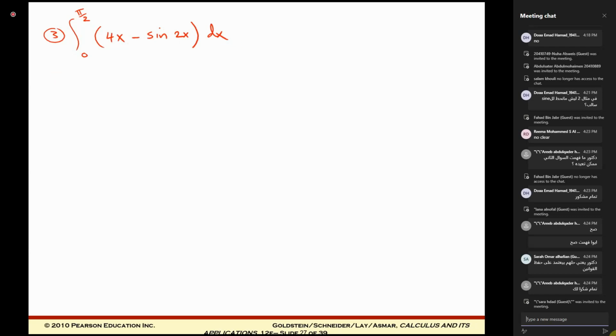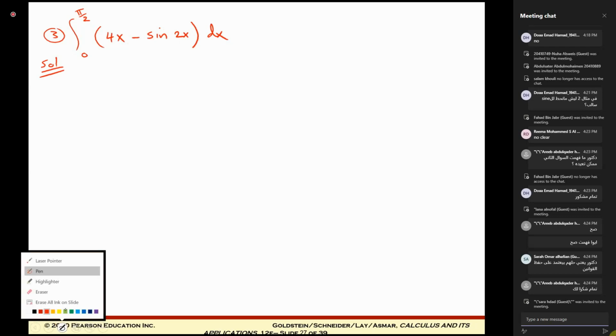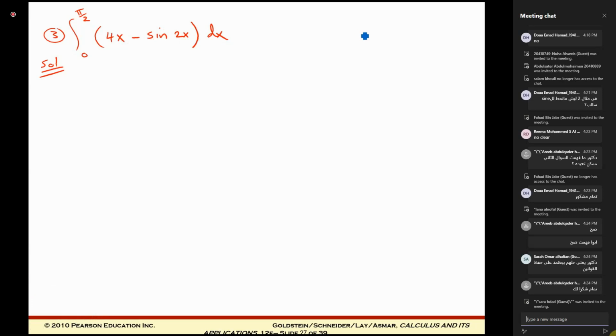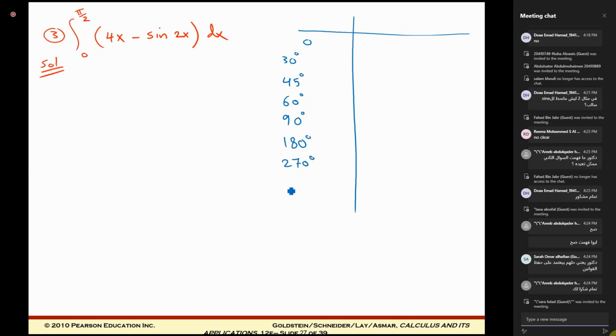The solution, just note for the angle we have 0, pi over 2 or 90 degree, we have 30 degree, we have 45, 60, 90, 180, 270, 360.